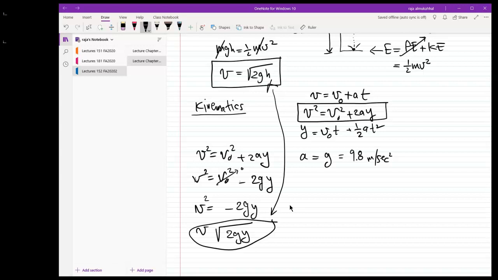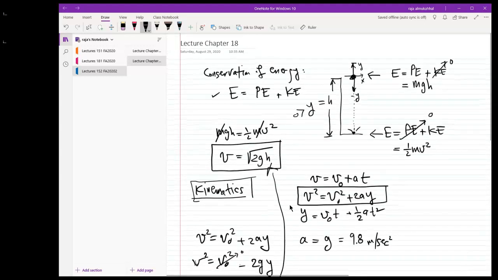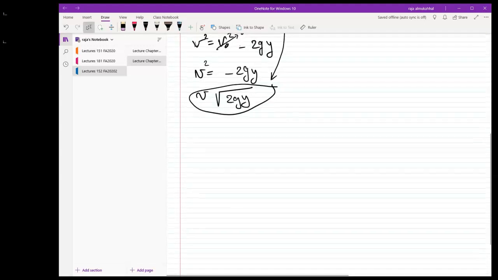So either you can use the method of kinematics or the method of conservation of energy to solve this problem, and we're going to be swapping between the two methods in this chapter. But before I do that, let's begin.